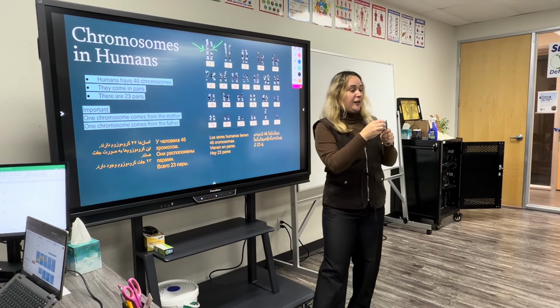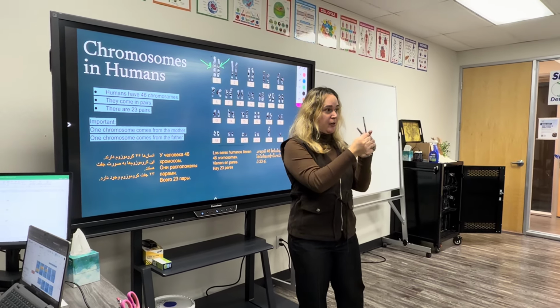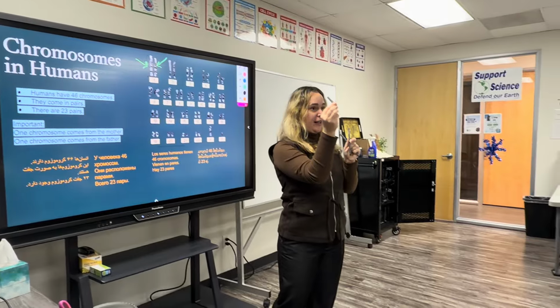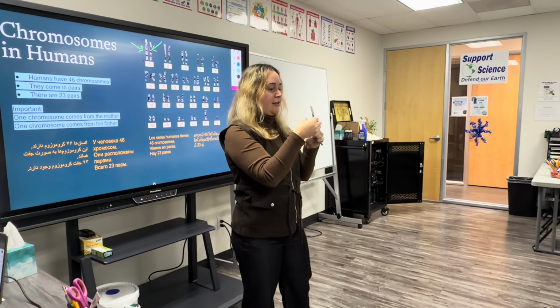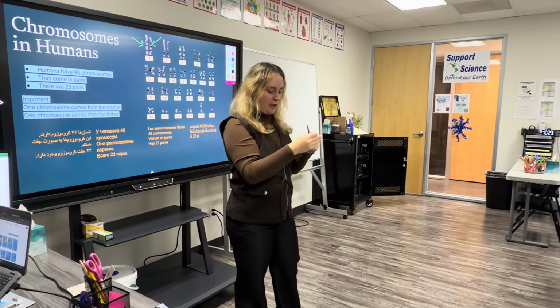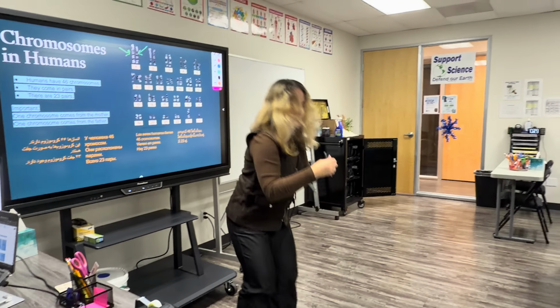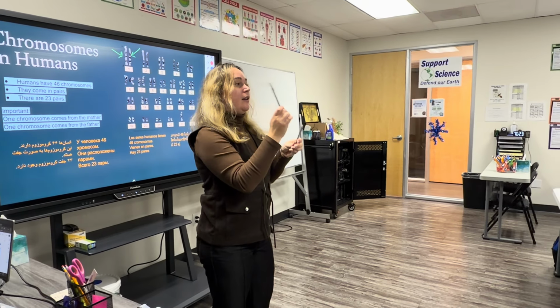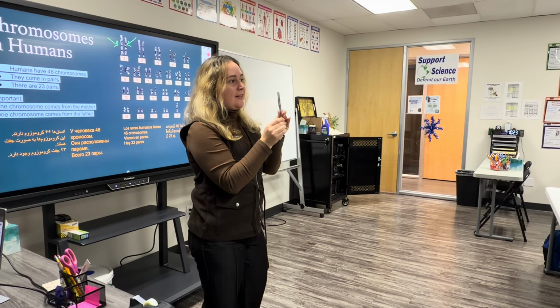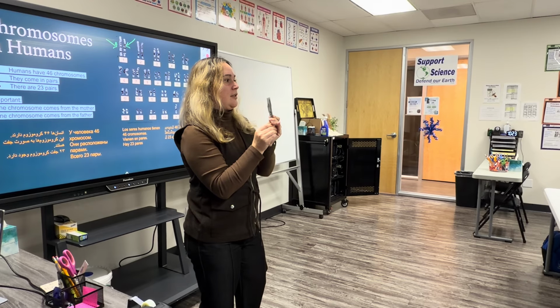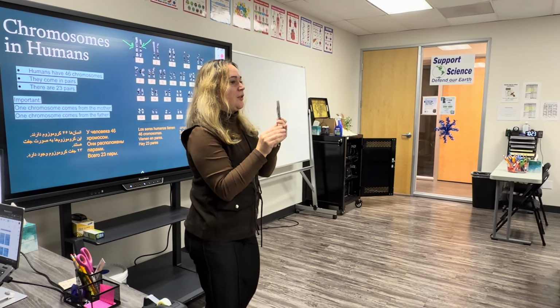So if this chromosome has an allele responsible for color of our eyes, this chromosome tries to find the same allele, and they combine and work together. This is how it works.